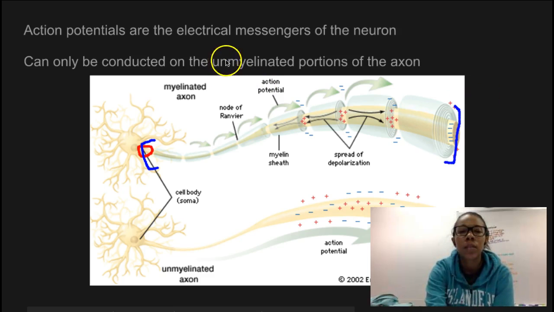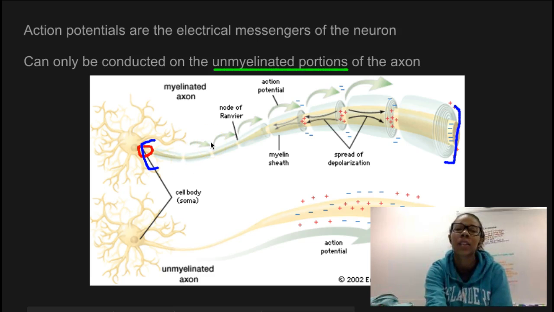But more specifically, your action potential is going to occur in the unmyelinated portions. Wow, that was a really good straight line. Anyway, your action potentials are going to occur specifically in the unmyelinated portions of the axon.